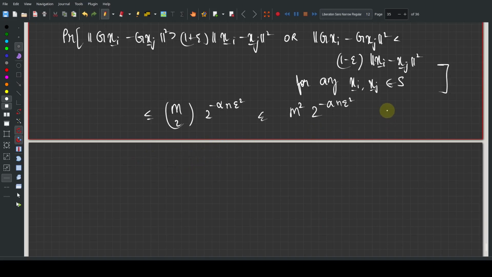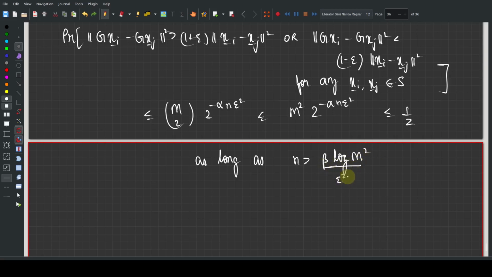So this quantity is less than or equal to half as long as n is greater than some constant times log m squared divided by epsilon squared, or n is greater than some constant times log m divided by epsilon squared. Right?